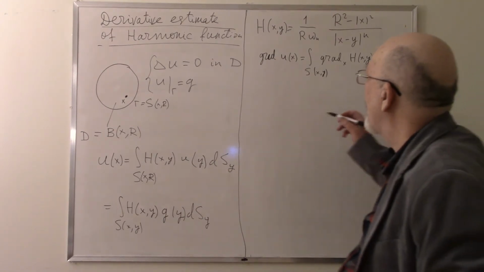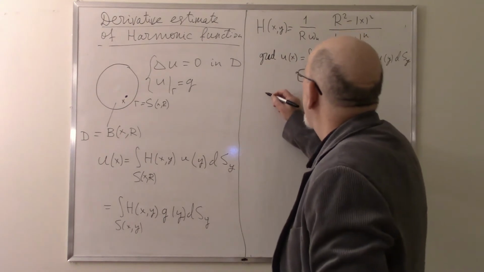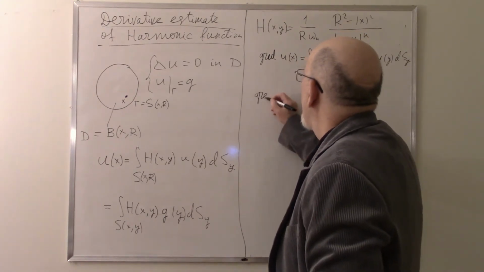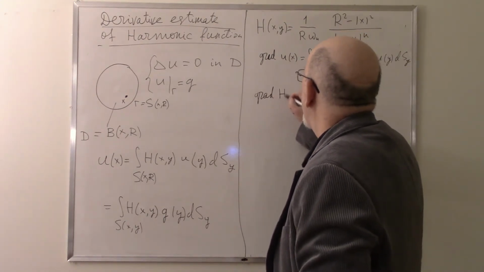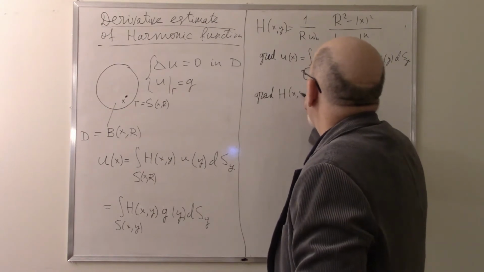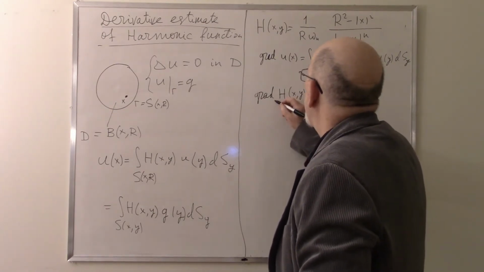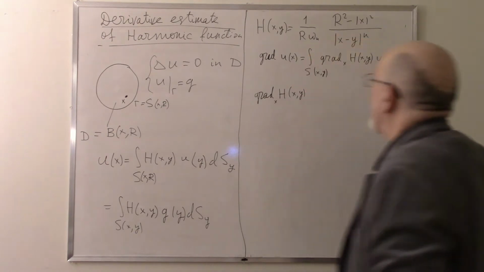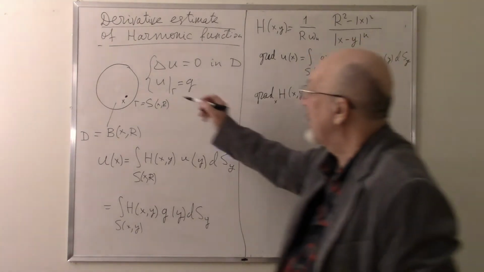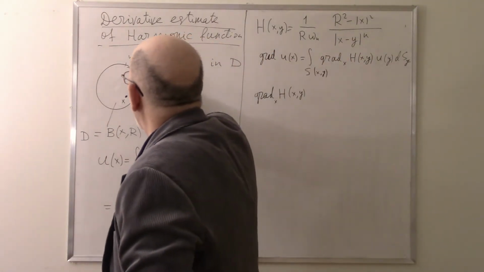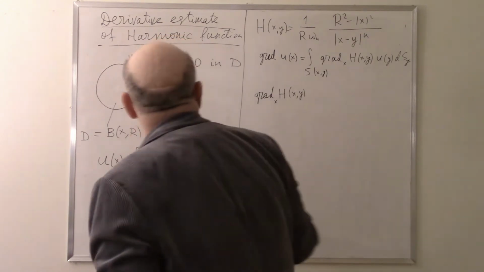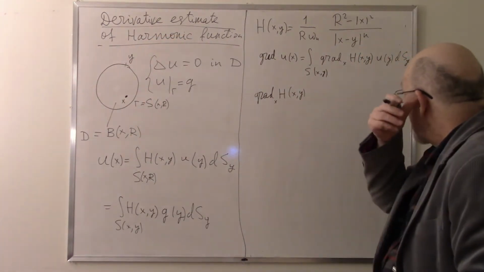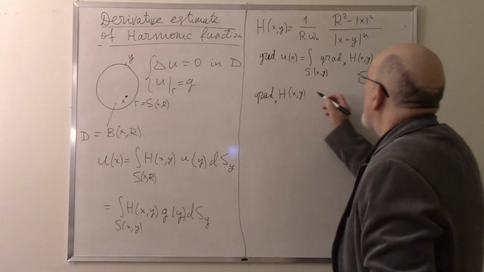So let us write the gradient of h(x, y), gradient with respect to x. So y is a parameter for any y. We have to differentiate this. Now let us differentiate.